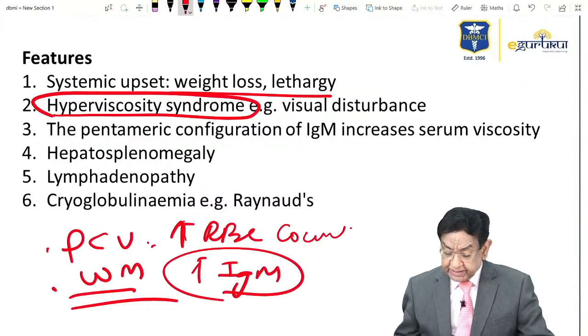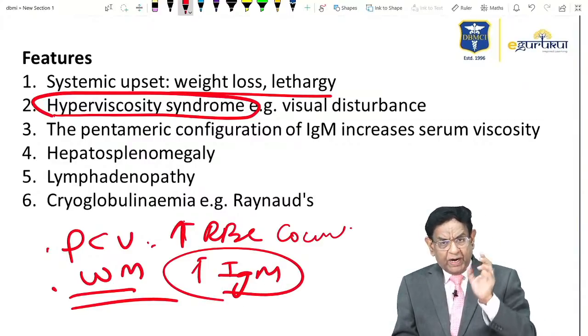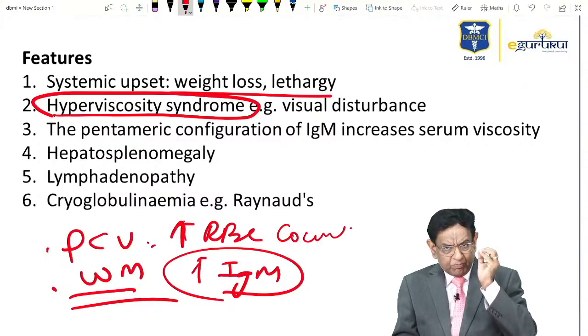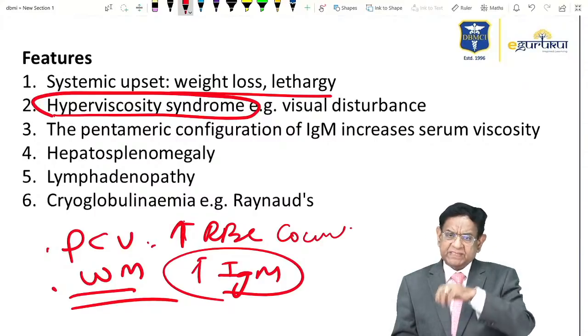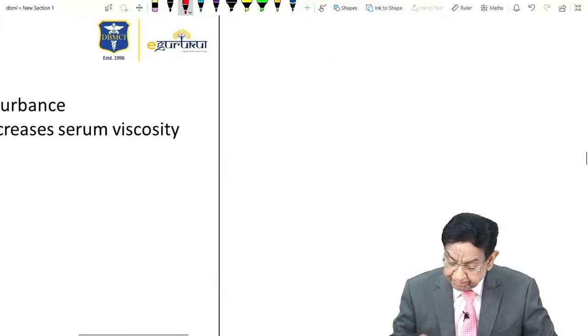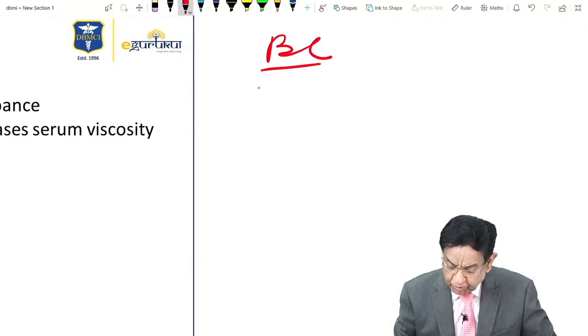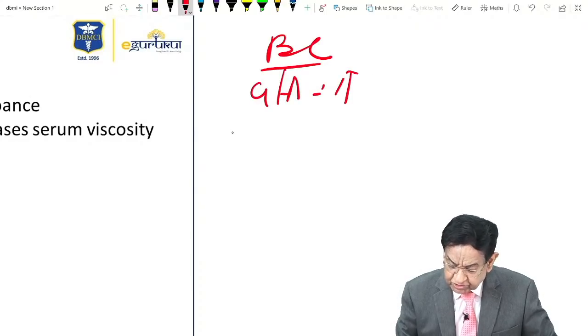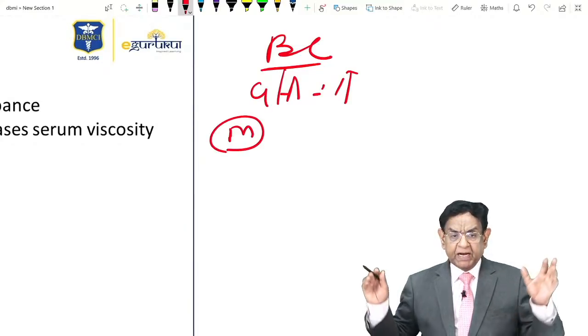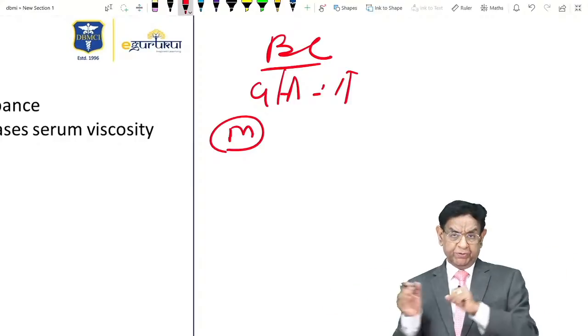The question is why hyperviscosity is much more prominent in Waldenstrom as compared to multiple myeloma? Basic concept. Let's learn the basic concept. In multiple myeloma, IgG or IgA are increased. In Waldenstrom, IgM levels are increased. But IgM is a very big molecule.